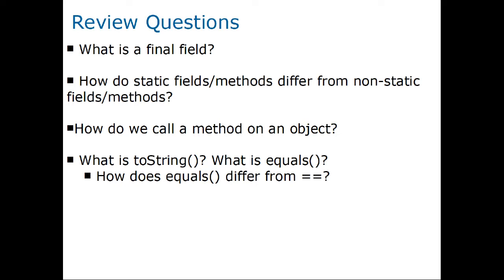You give me a number, I'll give you a square root. There's no objects involved in that transaction. That is a classic example of a static method. There's a lot of math-oriented things that fit naturally with that, but it doesn't have to be math-related in order for it to be a static method.